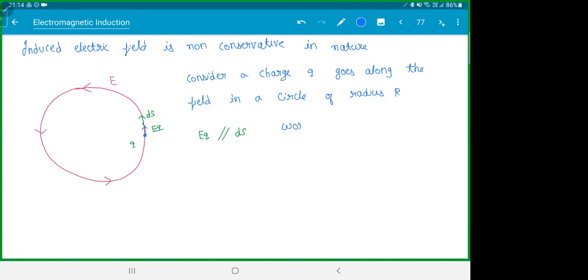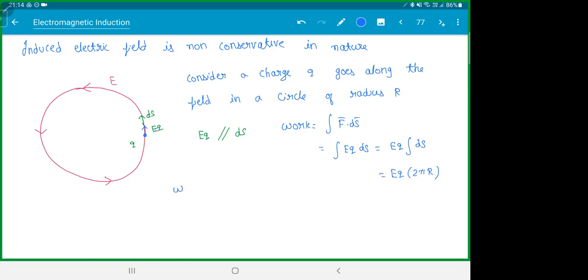Therefore, work done will be integral F dot ds, which becomes integral EQ ds. So this will be EQ into integral ds. Remember, you are adding all the arc lengths. This will be EQ into 2 pi r.